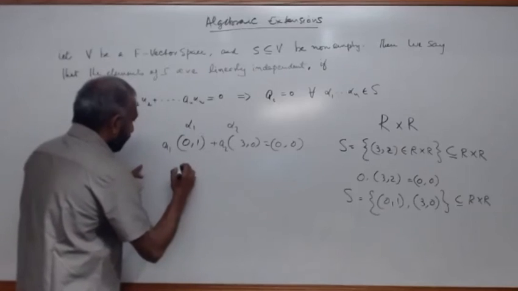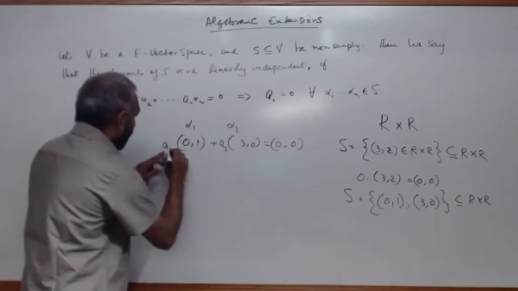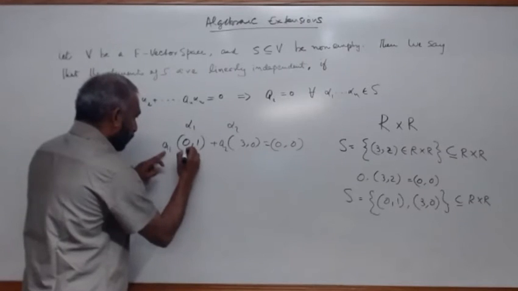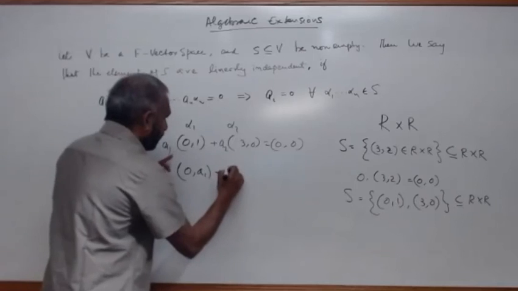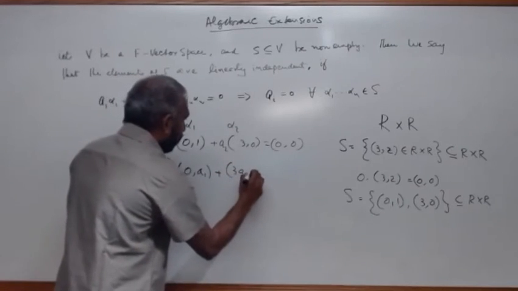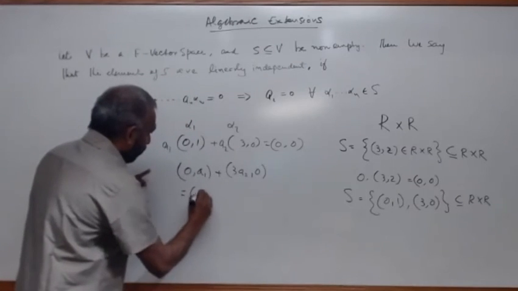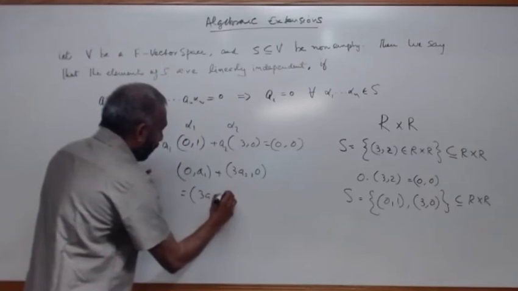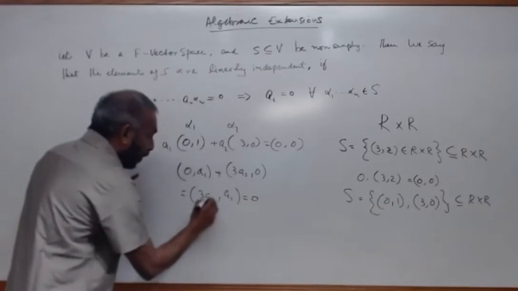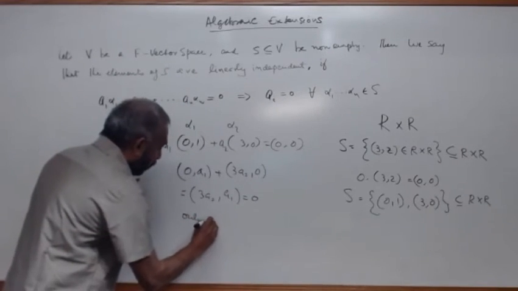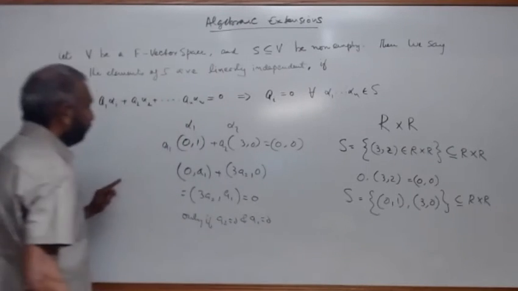This is actually A1 times 0 plus 3 A2 comma 0, which equals 3 A2 comma A1, and that is equal to 0 only if A2 equals 0 and A1 equals 0.